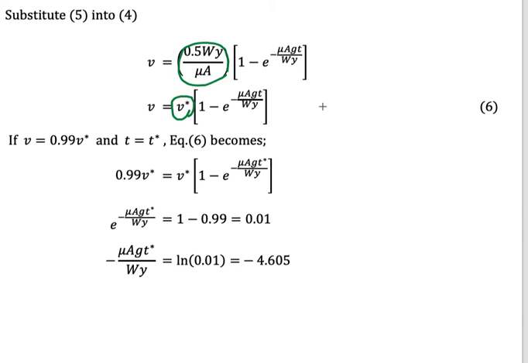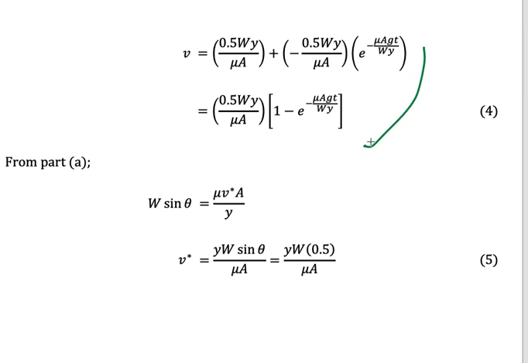Again, the idea is very simple, because you didn't find any term in your previous equation, until this step, to show the terminal velocity parameter.